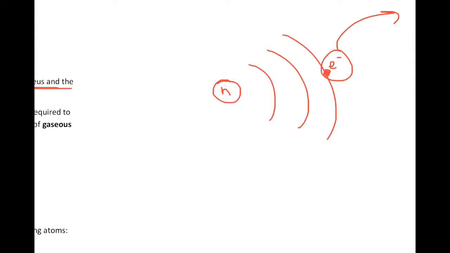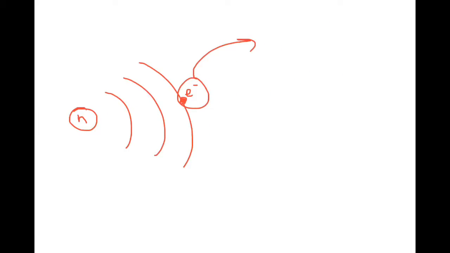Previously, what we've been seeing is that you're heating the element and then the electrons get excited, move to a higher energy level and then come back. When we are ionizing, we are not bringing back the electrons. The electrons go out and just get lost out of the atom.